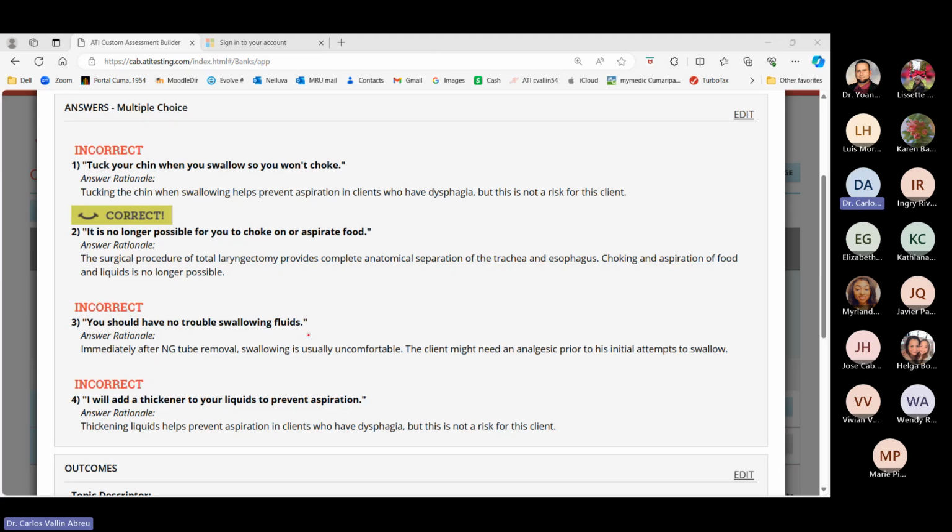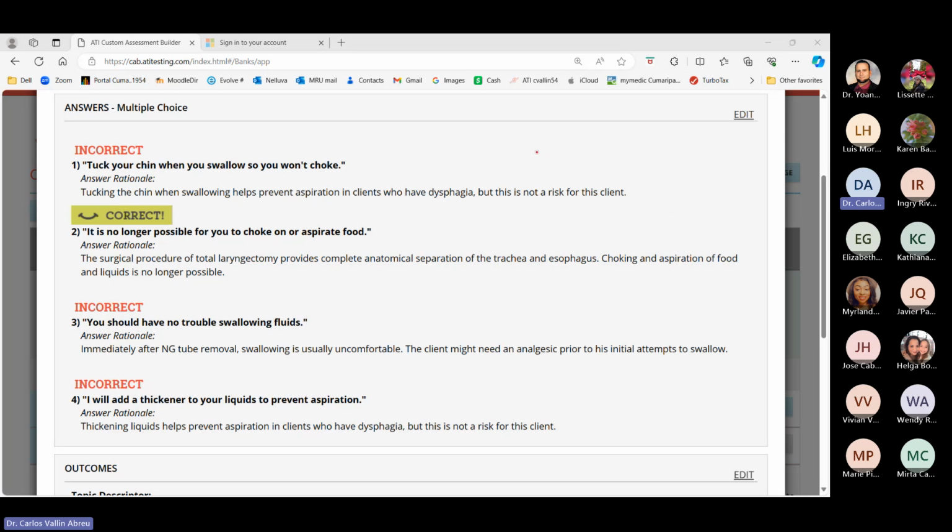This is really for dysphagia. I will add thickener, dysphagia. But this statement says something different: you don't have dysphagia. Why doesn't the client with laryngectomy have dysphagia?